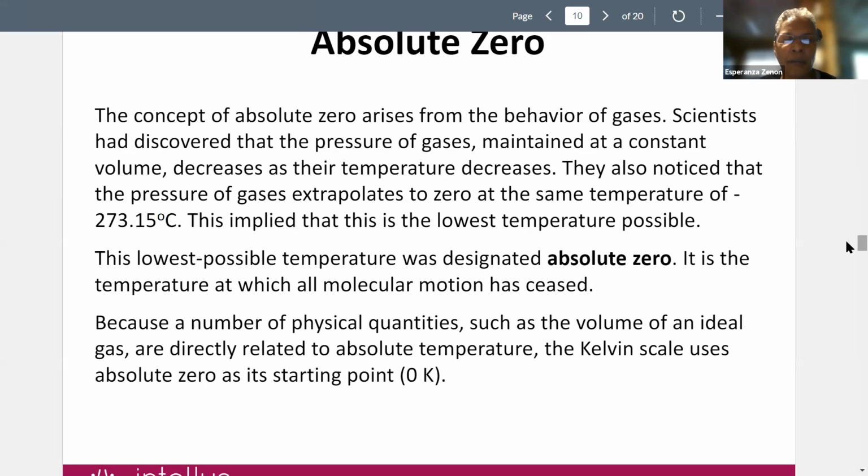This leads to the theoretical idea that that's the lowest temperature possible. And so it's designated as absolute zero. And as I mentioned, that is the temperature at which all molecular motion has ceased. So think about it. If you don't have anything moving, you don't have any kinetic energy, right?